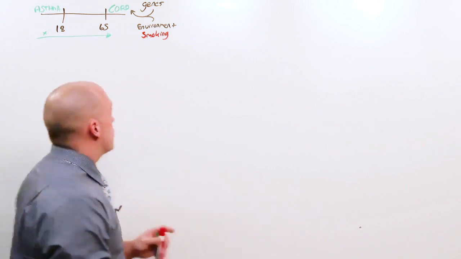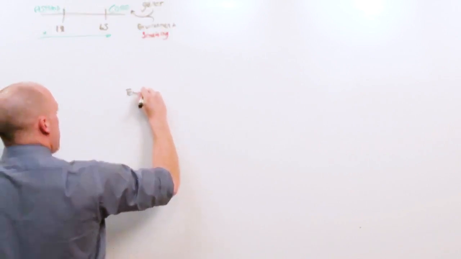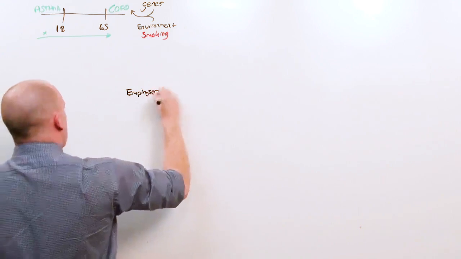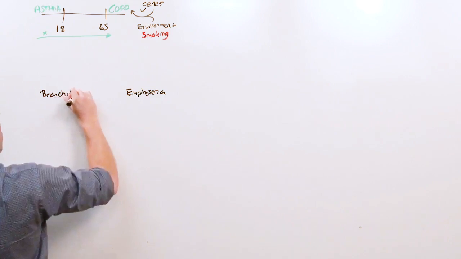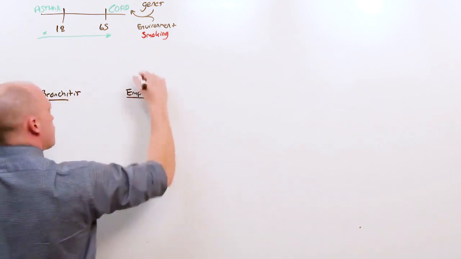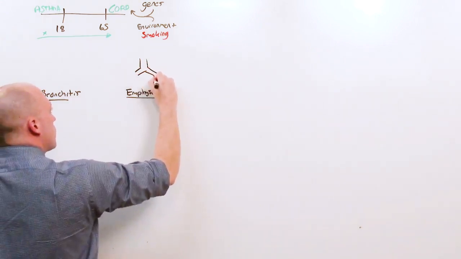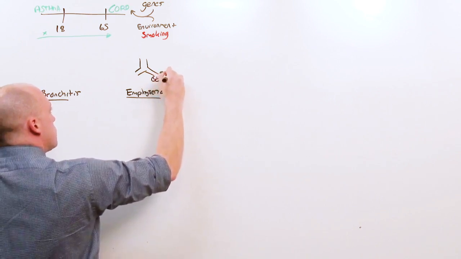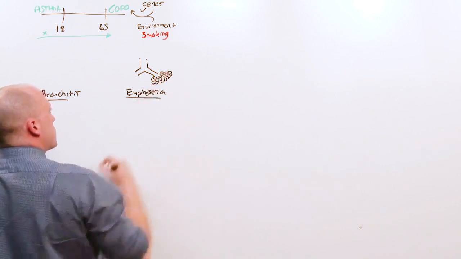And COPD really is a combination of two diseases: emphysema and bronchitis. The normal lung consists of a bunch of alveoli, much like a bunch of grapes. They do this to increase the surface area to allow for adequate gas exchange.